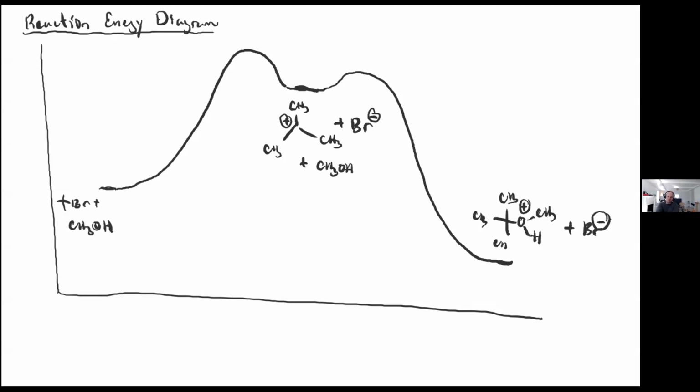Okay, and so in the first step of this reaction, we cleave that C-Br bond, make a cation, right? And if you think about the SN2 reaction, we said that in that transition state, I'm breaking the carbon-leaving group bond, but I'm also making the carbon-nucleophile bond at the same time, okay? And the SN1 is different in the sense that in the first step, the rate determining step, you're only breaking a bond.